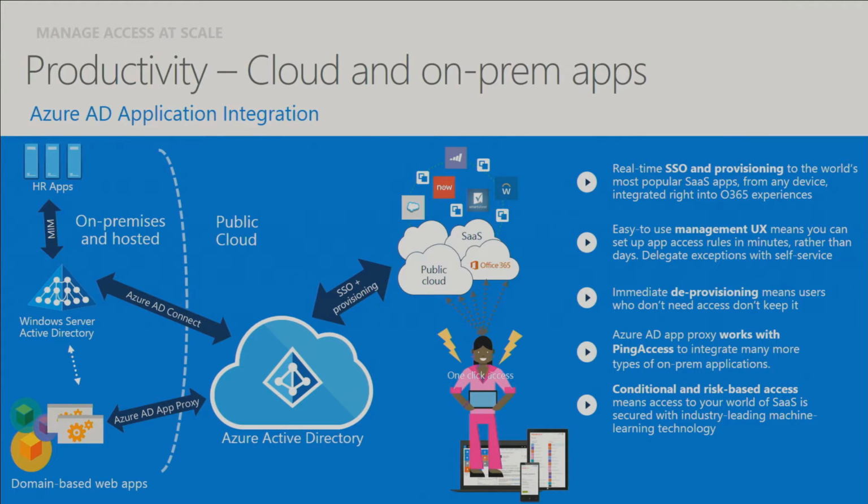But there's been a history of so many different authentication types on-prem that we reached out to a close partner to Microsoft, Ping Identity, and they've made available a special relationship with us that enables Ping Access to work seamlessly with the App Proxy capability at Azure AD. What you get there is the breadth of applications. It enables you to move to a model where it's all about giving your users access to applications, not to the network.